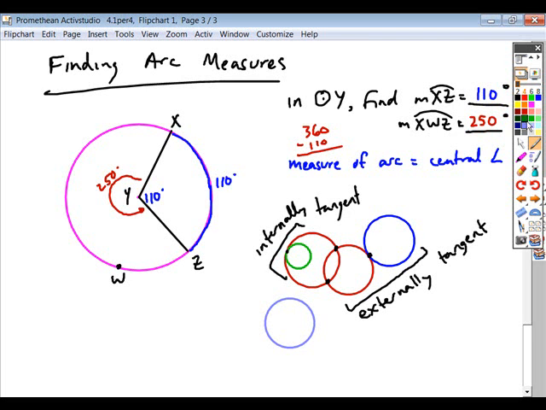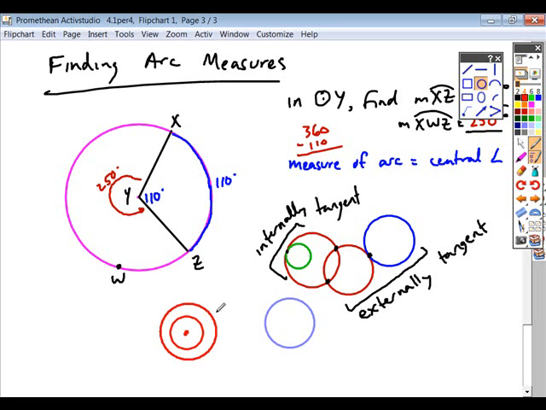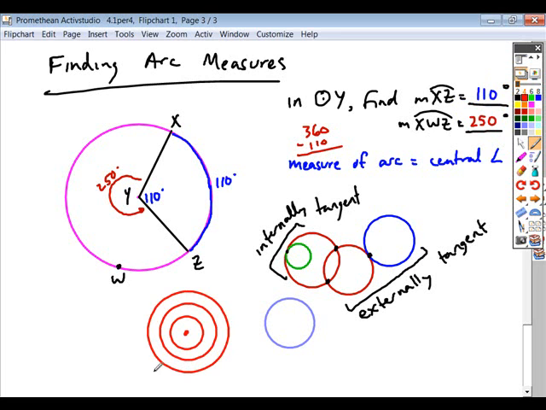Now, if you have two circles or multiple circles that share the same center, again, just terminology-wise, if we have this set of circles, these are called concentric circles.